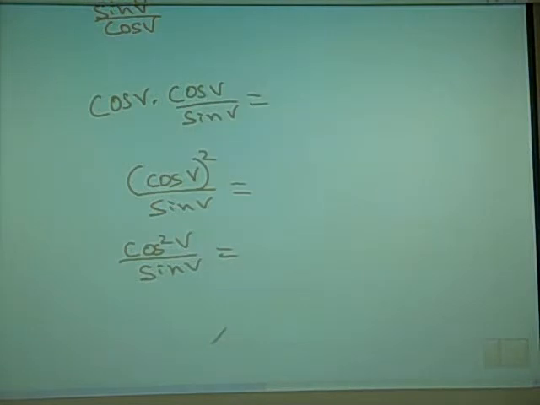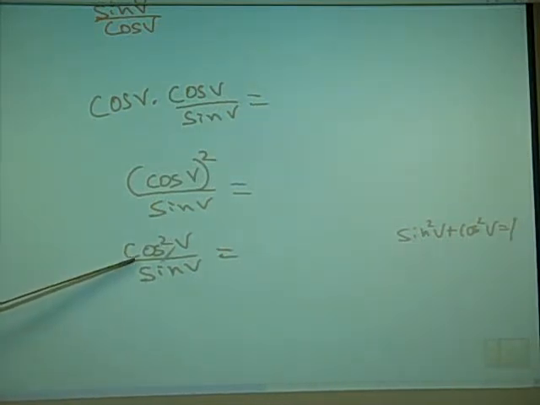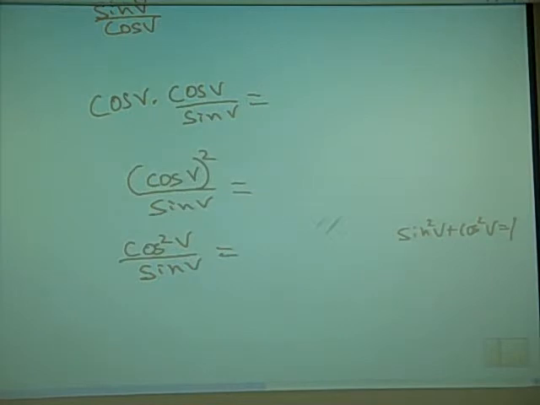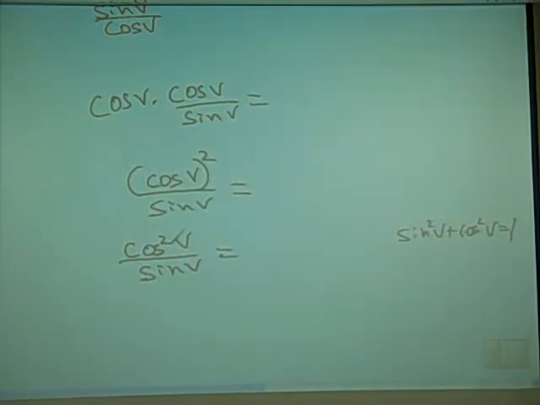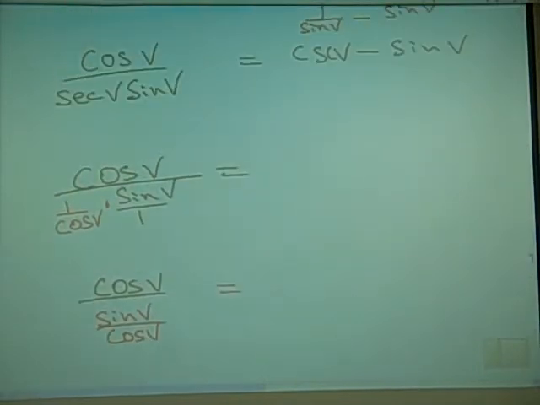From here, remember our identity, sine squared v plus cosine squared v equals 1. Well, we've got cosine squared here, but we want sine. So if we change cosine in terms of sine, we'd be that much closer to what we want.